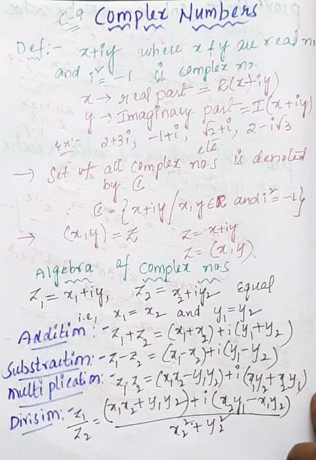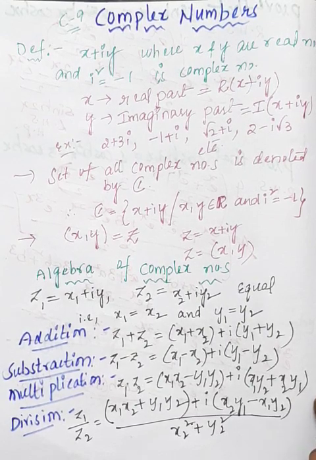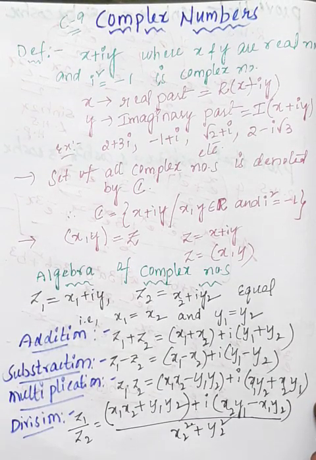Therefore, the division of two complex numbers is x1 x2 plus y1 y2 plus i into x2 y1 minus x1 y2 by x2 square plus y2 square.